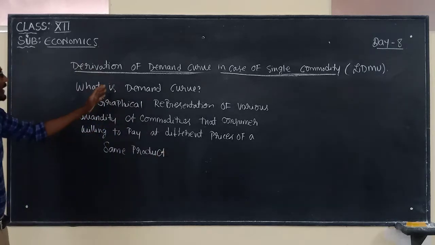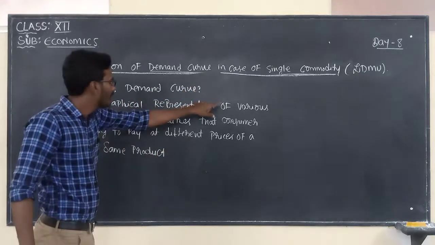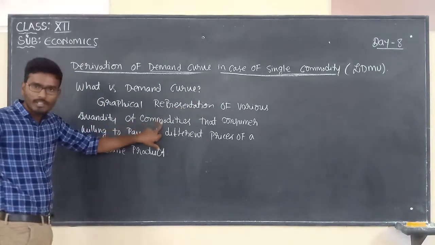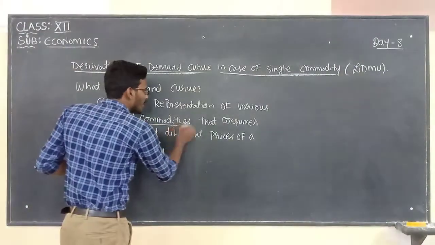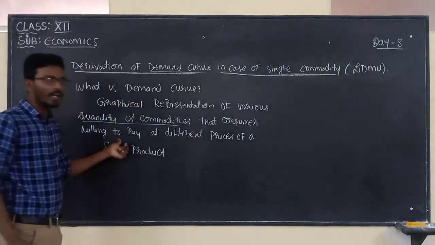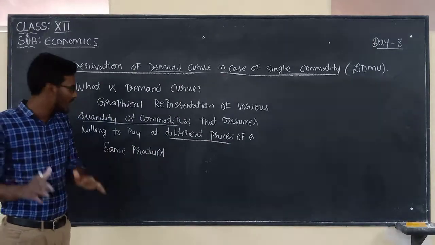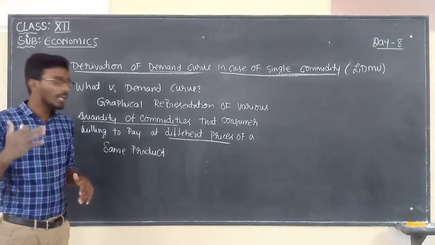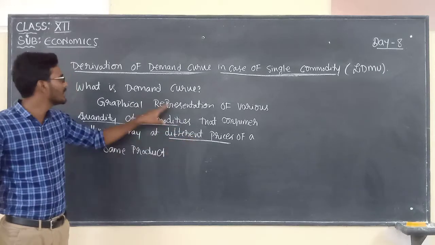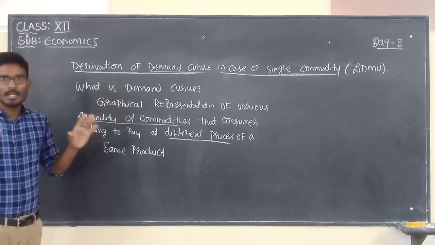Demand curve is a graphical representation of various quantities of commodities that the consumer is willing to pay at different price levels. The product is the same, but the quantities differ across price levels. That is known as a demand curve.